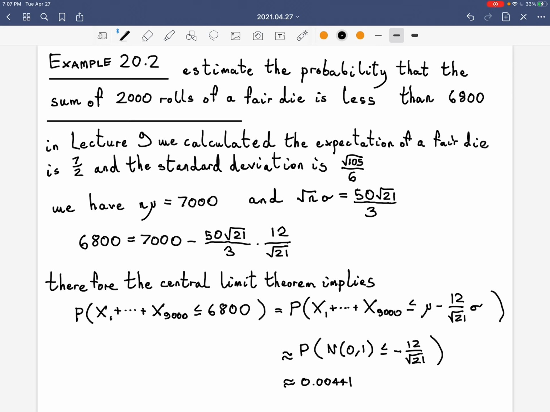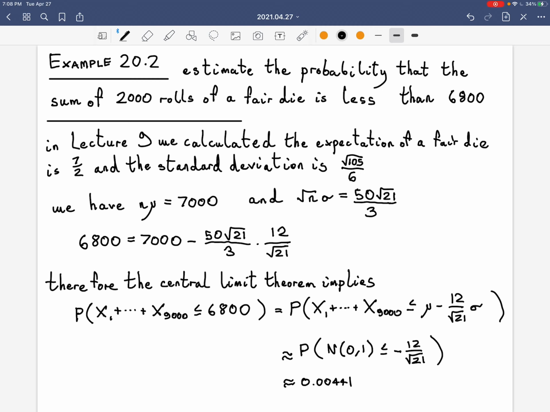So we can ask where the mean of the long-term sum is going to be 2,000 times 7 over 2, which gives us 7,000. And we can see the standard deviation of the long-term sum is going to be 105 over 6 times the square root of 2,000, which comes out to be 50 root 21 over 3.